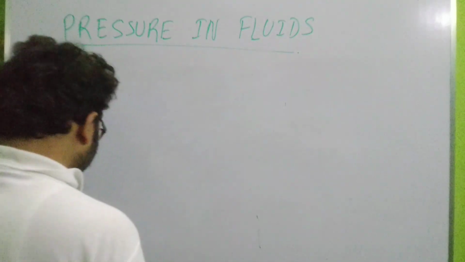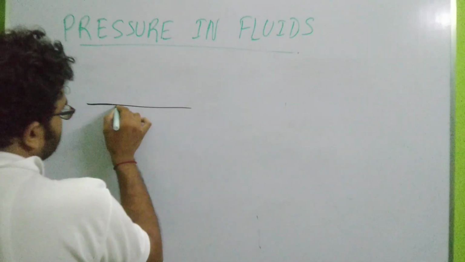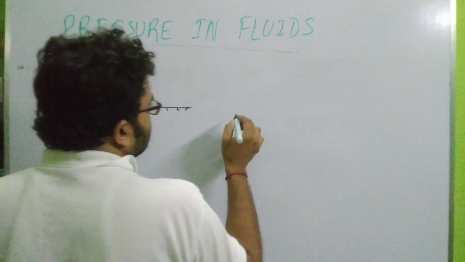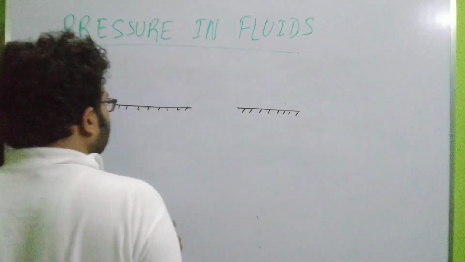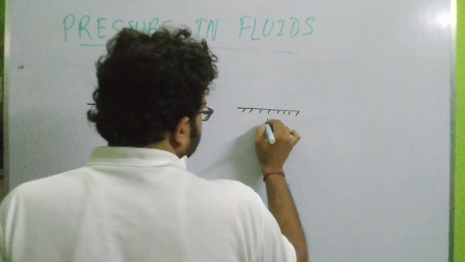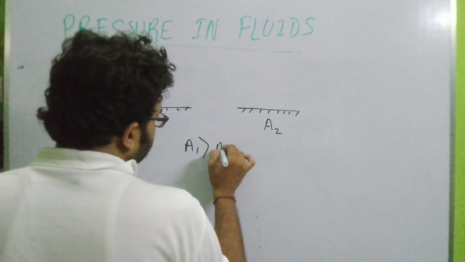There are two surfaces, one is like this, and this is a small surface like this, not big. Now this surface has an area of A1, this surface has an area of A2. Now A1 is greater than A2.